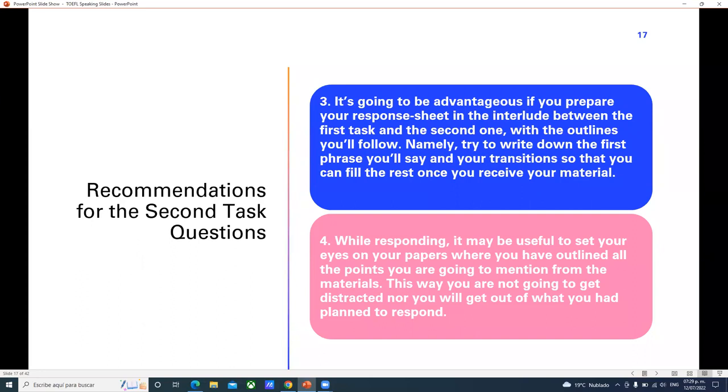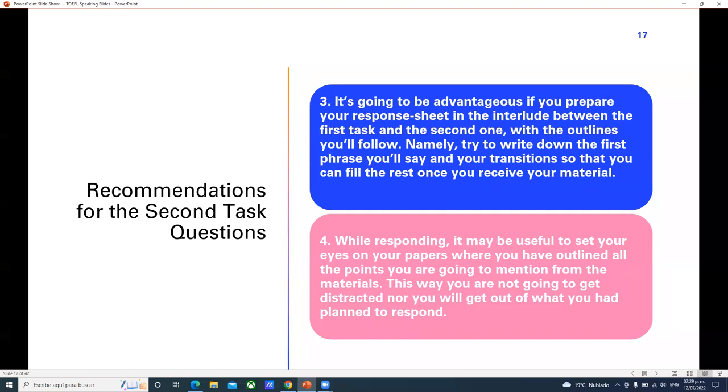When I took this exam first in 2020, I began to respond to this specific task, and because I was looking at the people around me, the staff members, the computers and all these things, I got distracted, and there was a time in my response that I simply disconnected myself from my own train of ideas.